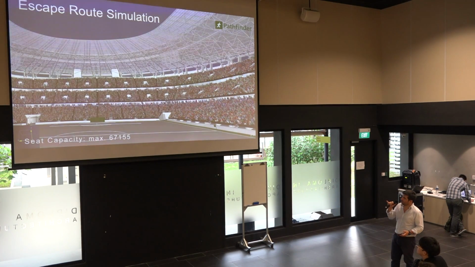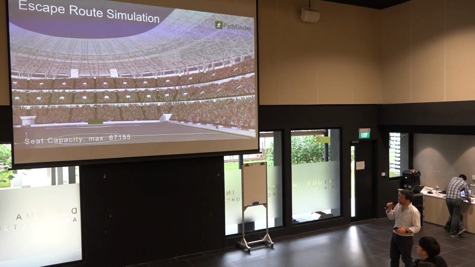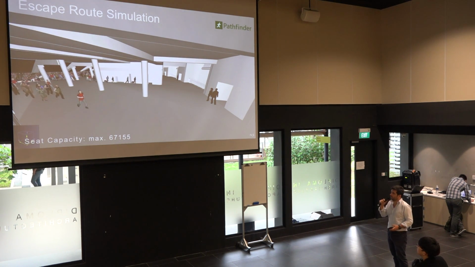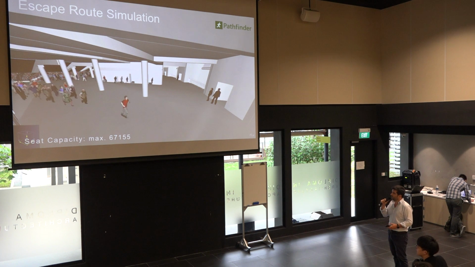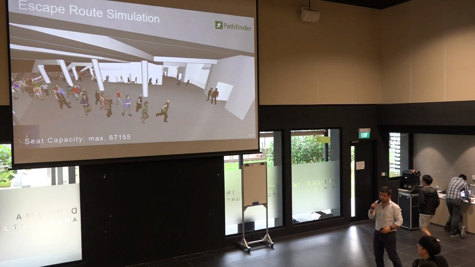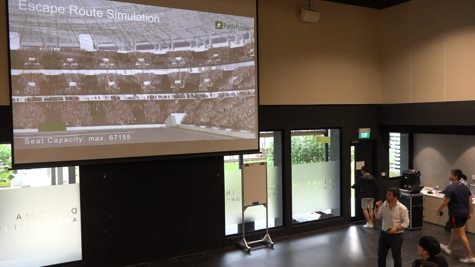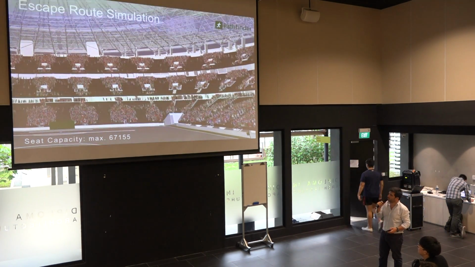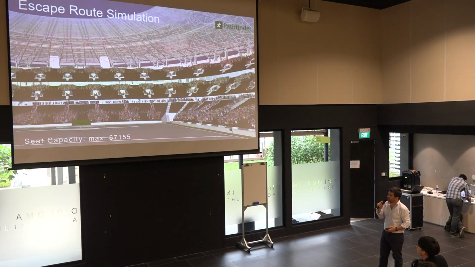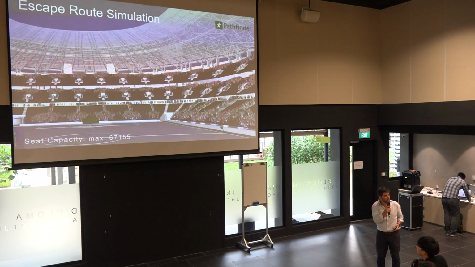So you see you have 67,155 seats, and they had to test, in case you have a need to get people out of the building as soon as possible. So they start counting. You see on the bottom right corner of your screen, they start counting the time it would take for people to normally evacuate the building, and to see if this is according to the local regulations.